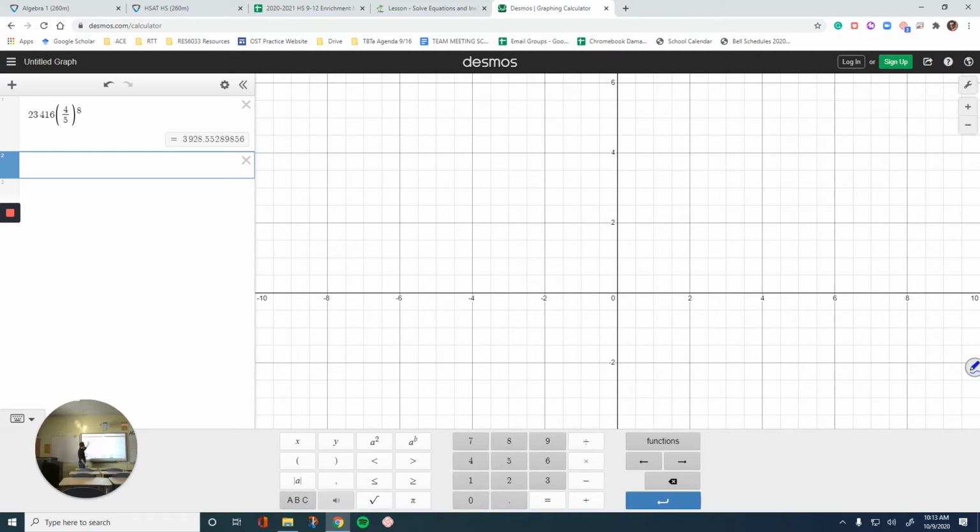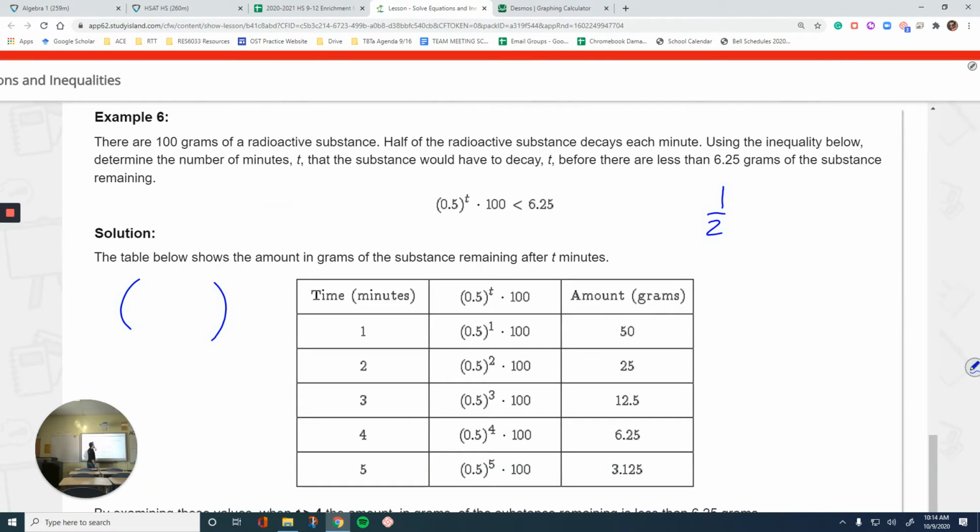That wouldn't change anything if you're going to use a calculator. So 1 over 2 is what half means, and then it means 0.5. As you type that fraction, it shows you its decimal value on Desmos. Decays each minute. So this right here then is the number of minutes.